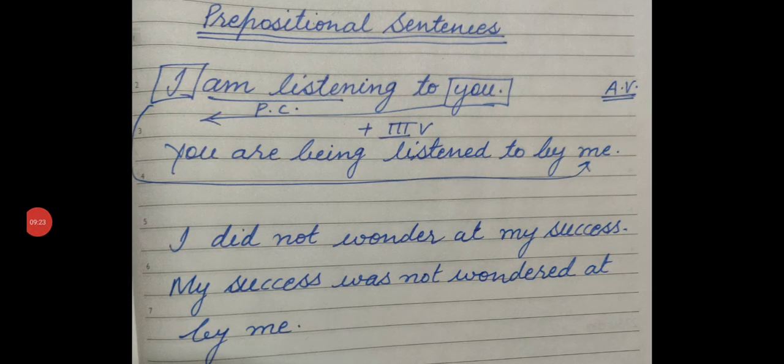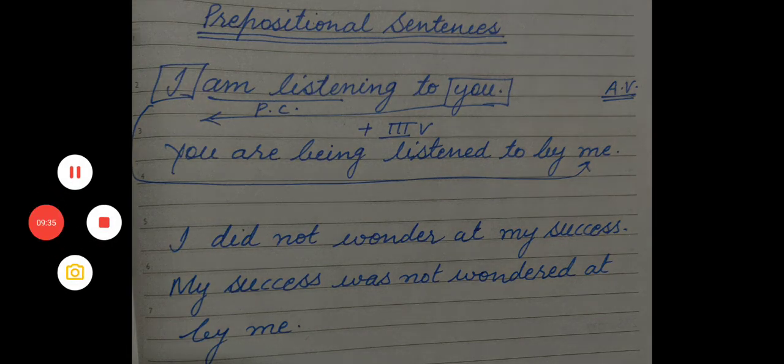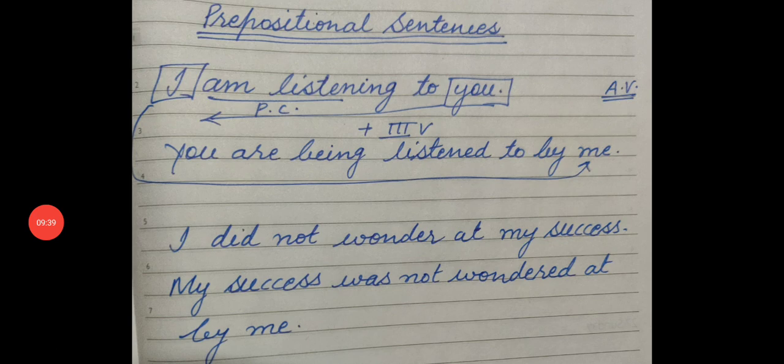Now in prepositional sentences, see, subject I, helping verb am, main verb, first form of verb plus ing. It means I am listening to you. So the tense is present continuous tense.